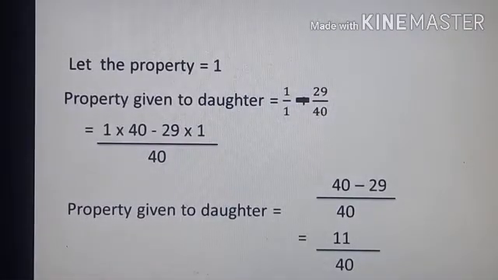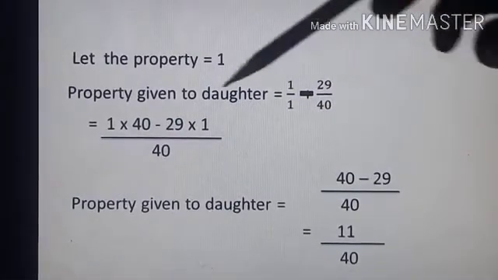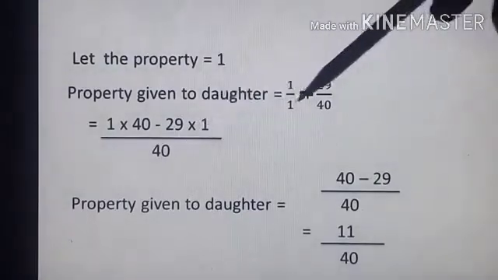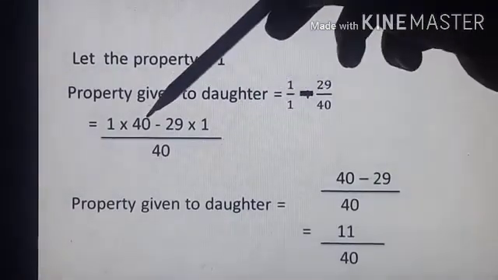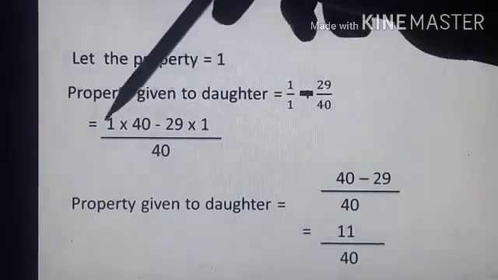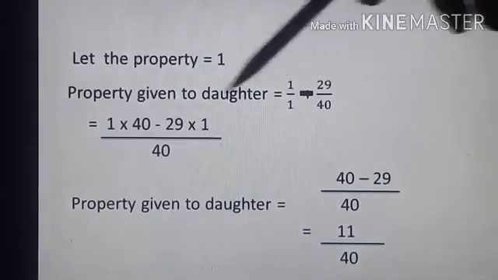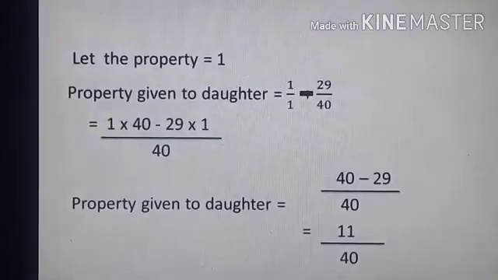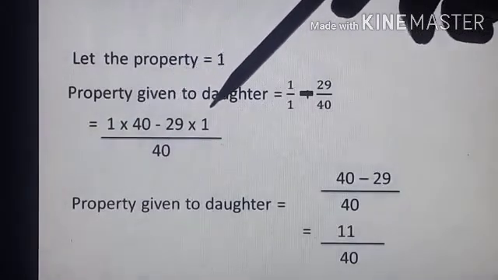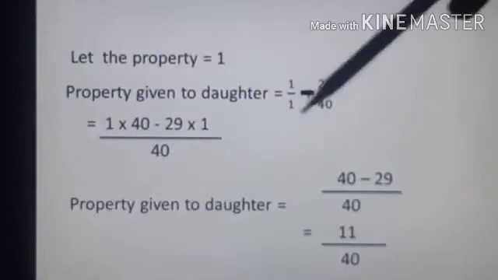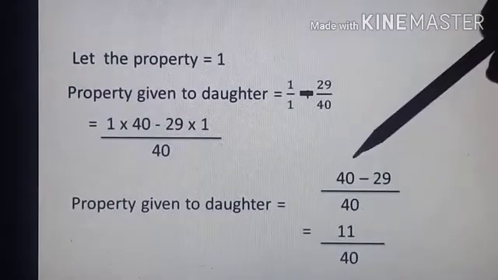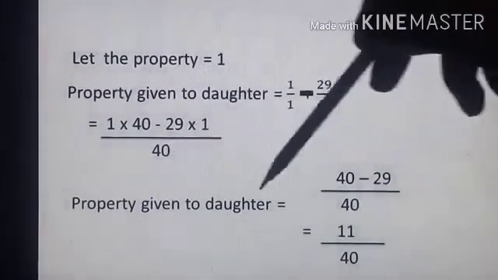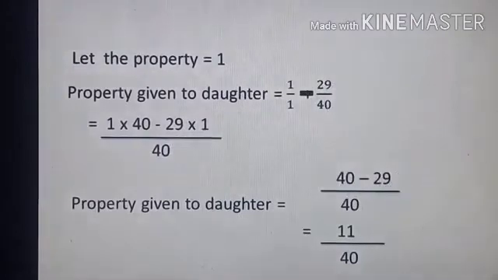Okay. Now 40 divided by 1, you will get your quotient 40. 40 multiplied by the numerator 1. 1 into 40. Minus 40 divided by 40, quotient is 1. So 29 into 1. 40 minus 29 is equal to 11 upon 40. 40 minus 29 upon 40, property given to daughter 11 upon 40 part. Understood?